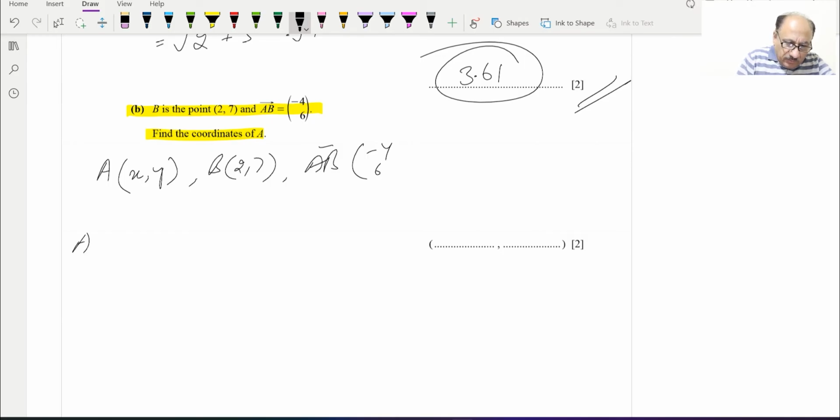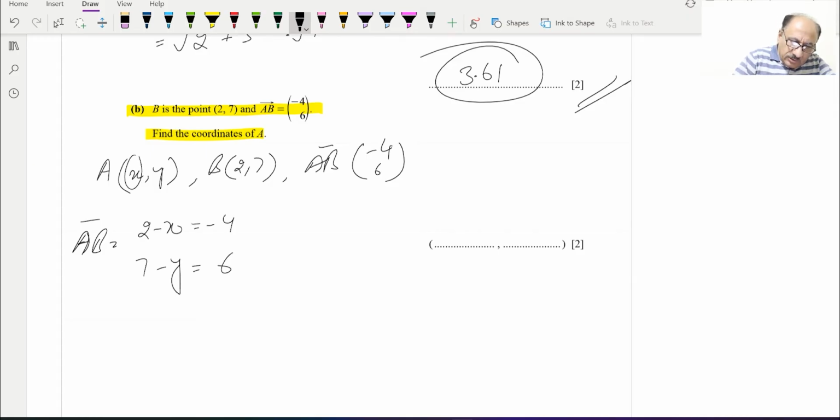So AB will be B minus A, so 2 minus x is equal to minus 4, and for the y value it will be 7 minus y, equal to 6.